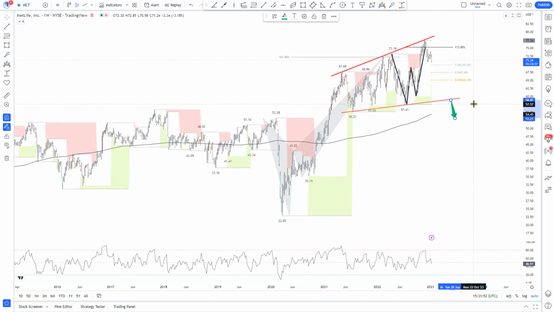And with the 200 moving average approaching from above, I will not be surprised to see a clear move below this trend line support, and then trying to find support below the structure and a bounce from these lows. Far away from that to happen.